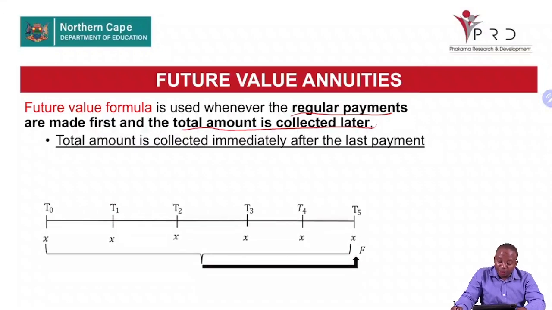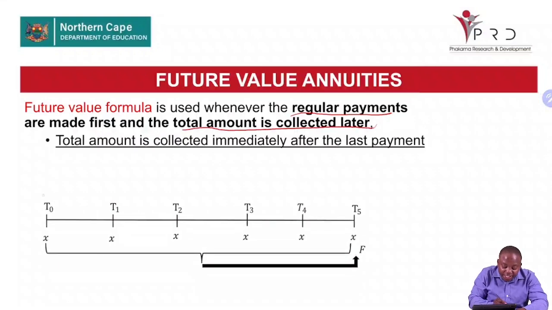This is how we show it in our timeline, at T0. Future value annuities relate mostly to investment. At T0, if you open an investment account, you are expected to make a deposit immediately. The X there shows that a deposit was made at that point. So we open the investment now at T0 and make the immediate payment.